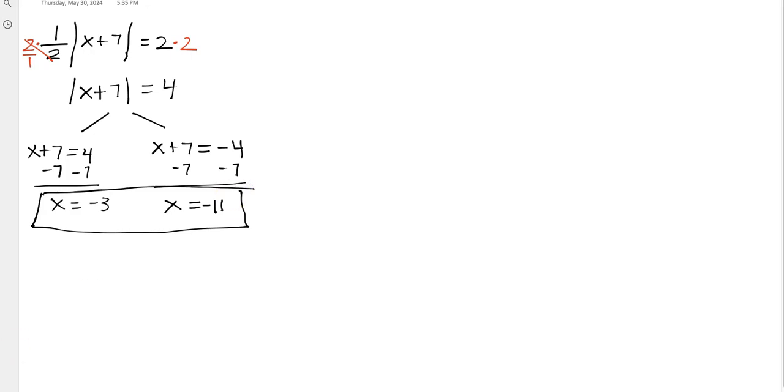All right, so let's go back to that one that I was talking about doing. I'm going to put it right here next to it, because I do want you to see what happens on something like this. If I have 2 plus 2 times the absolute value of 3x plus 7 equals negative 2, again we still need to get that absolute value part by itself.